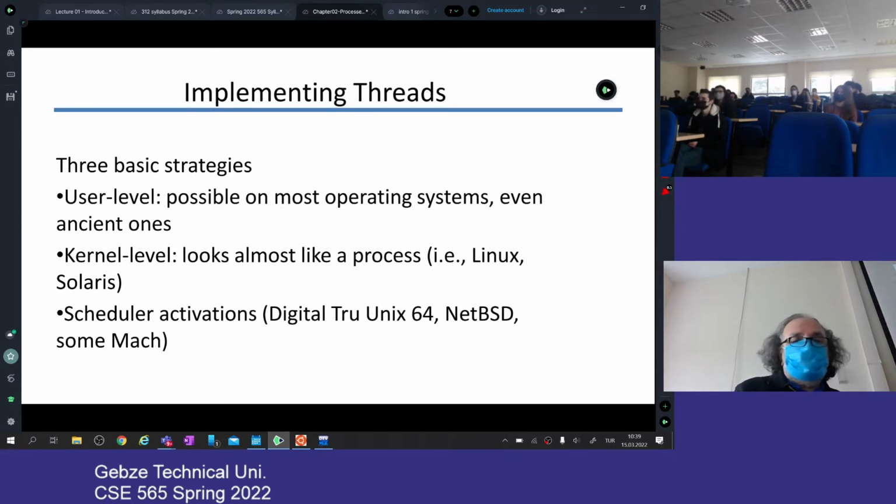Later they realized that maybe we can get the kernel involved, and that will make things a lot easier for some cases. And then there are some hybrid implementations between user level and kernel level, scheduler activations, etc. We are going to look at these later one by one.